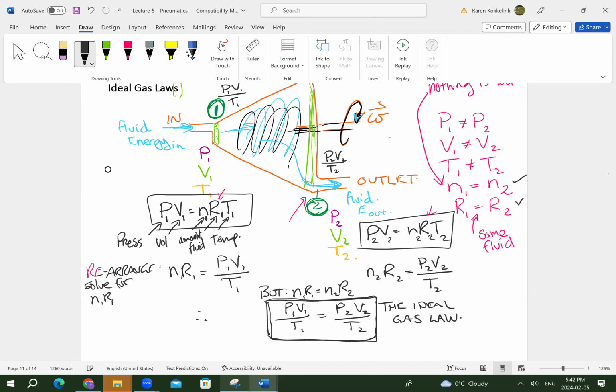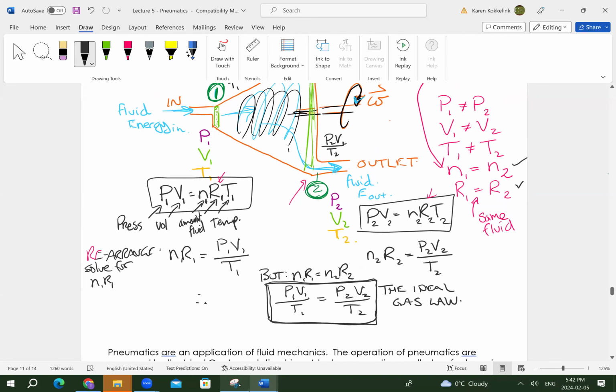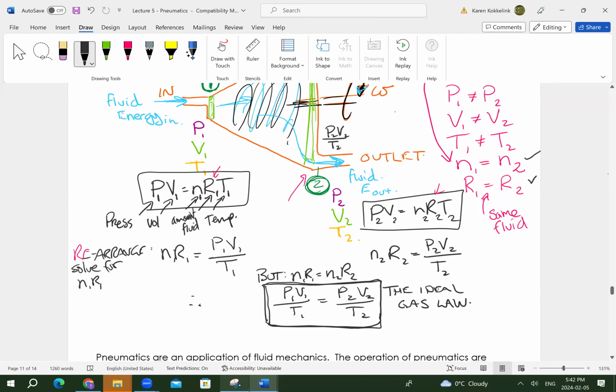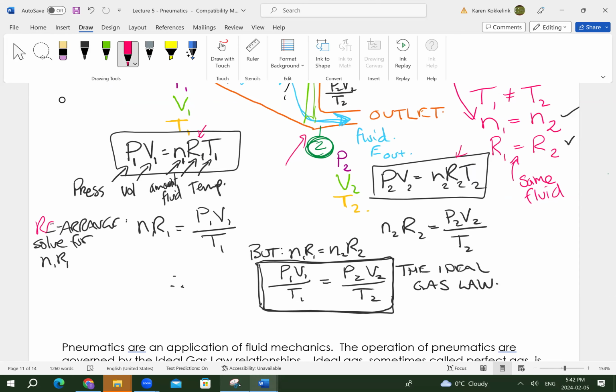And clearly, we can look at those cases, but I don't want you to get muddled up in those cases. But if this is the ideal gas law, then if we do this again, P1V1 over T1 equals P2V2 over T2. If I let P1 equal P2, which is constant pressure, then P1V1 over T1 would equal P2V2 over T2, but P1 and P2 would be the same thing, right?